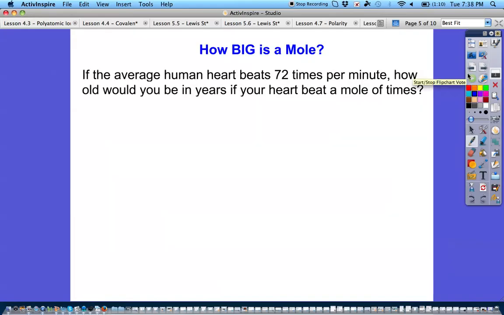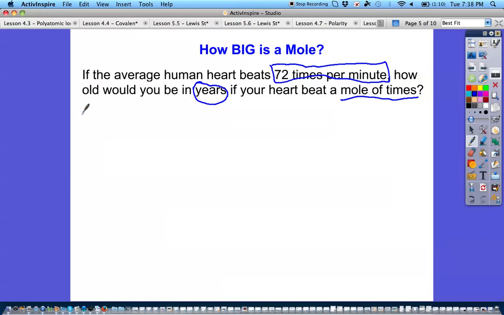So how big is a mole? Let's just think about it like this. If the average human heart beats 72 times per minute, how old would you be in years if your heart beat a mole of times?